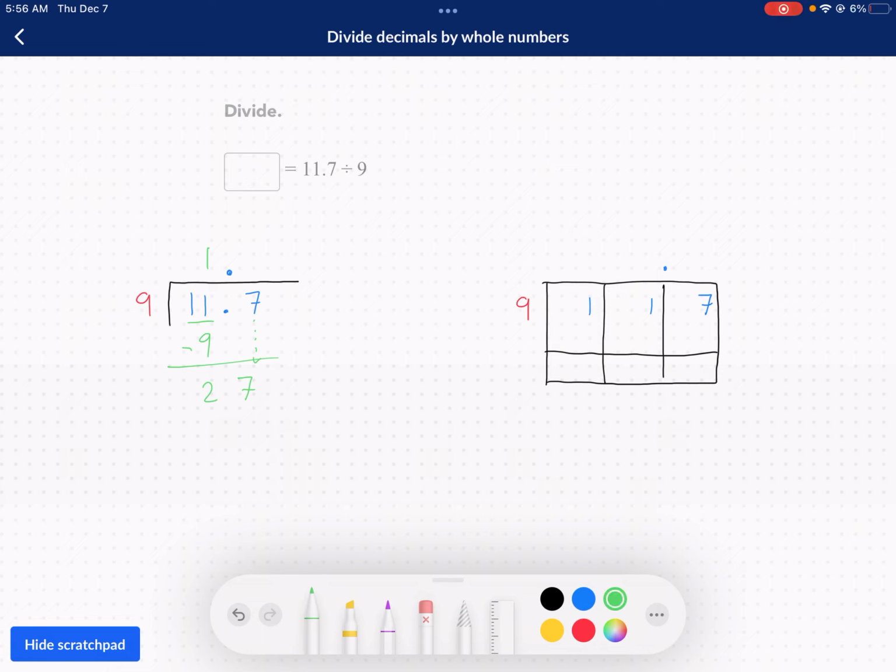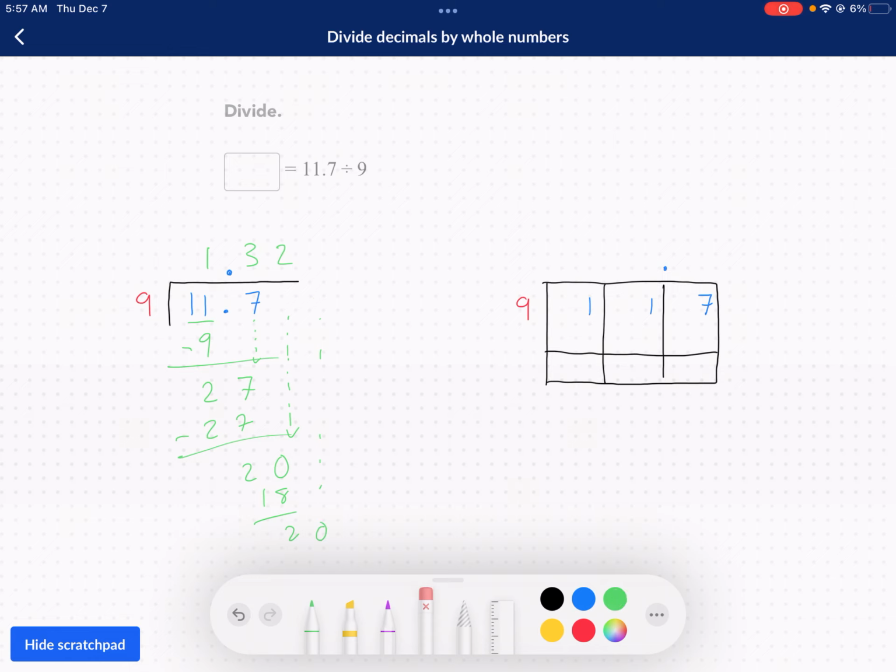If you did have a remainder, let's just say it was 2, we would need to keep dropping down zeros and moving on to the next decimal place until we got an answer. So this would be 2, then we get 18, and we get 2. We would drop down another 0, and with 20, we just keep doing this process. That's not the case here. So we're actually done because we had a remainder of 0, and we can move on.